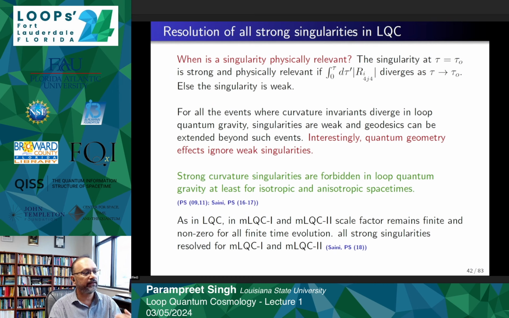So the geodesic completeness question has been answered using effective dynamics. I'm not aware of a work where the geodesic completeness question has been answered using expectation values. Probably that's a very good PhD project for some student who is interested. But using effective dynamics, yes, one can very rigorously prove, almost as a theorem, that it is geodesically complete, with no violation of energy conditions, and all strong curvature singularities are resolved.